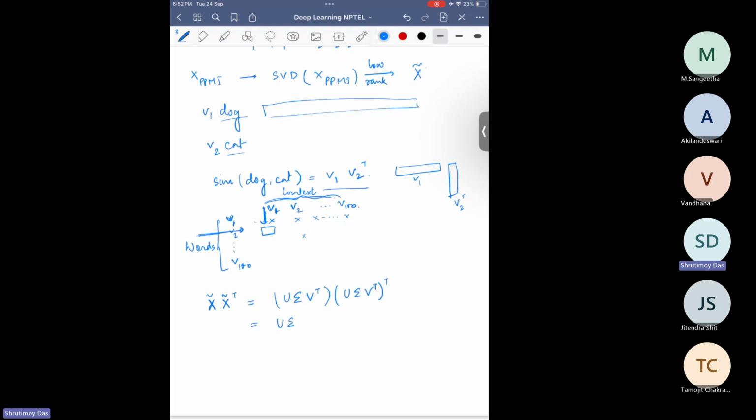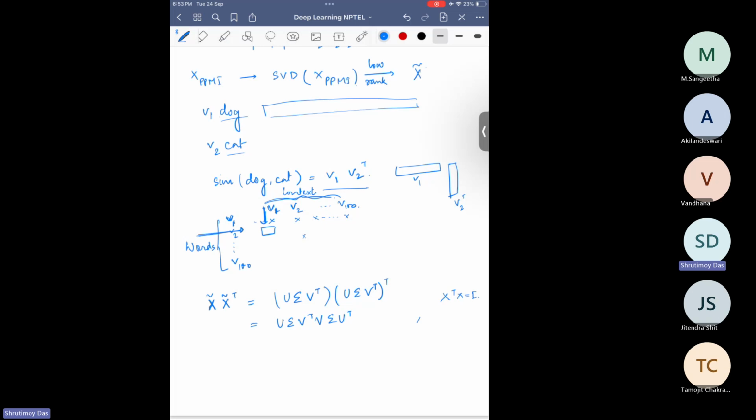If you remember, I think in the third or fourth lecture we discussed orthogonal matrices. What we said was, if some matrix X is orthogonal, that means X transpose X is I, the identity matrix.